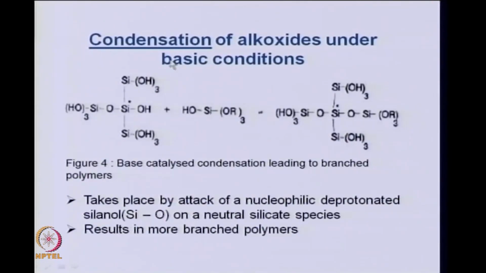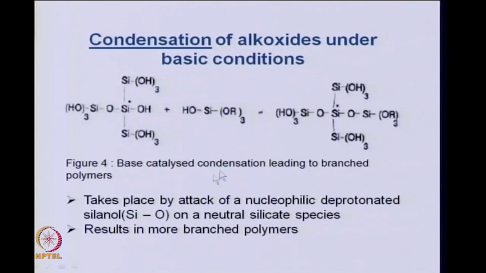Now, what happens in basic conditions is that this condensation normally leads to branched compounds. So, this kind of branched compounds you can see, because this will bind here to form a silicon oxygen silicon bond, and this silicon oxygen silicon bond will give rise to this branching.